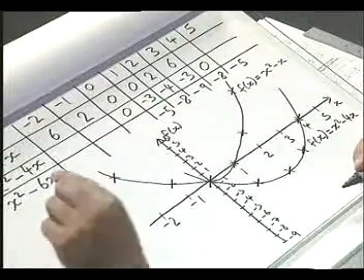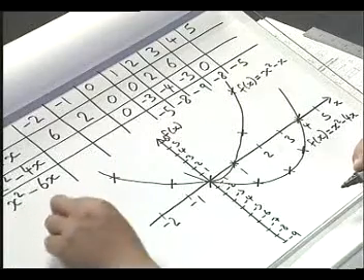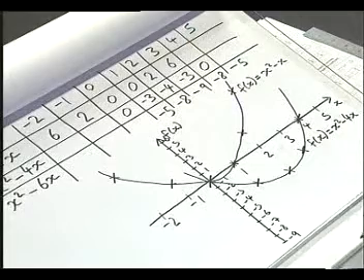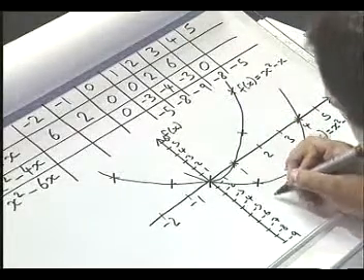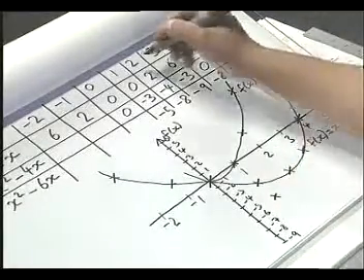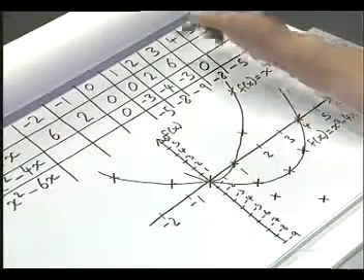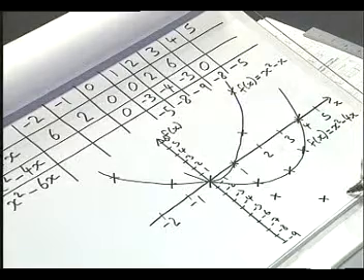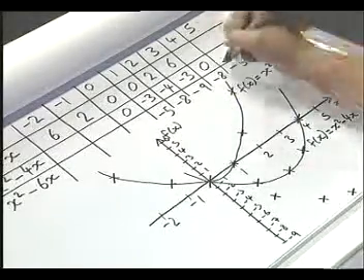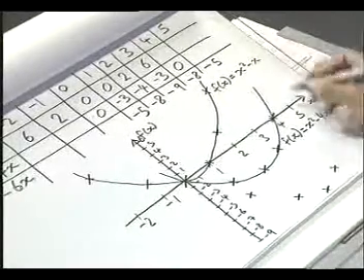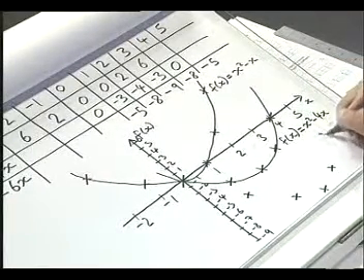Last function to look at is the function f of x equals x squared minus 6x. So our first point was 1 and minus 5, which is here. We've got 2 and negative 8, here. 3 and minus 9, 4 and minus 8, and 5 and minus 5, which is here.